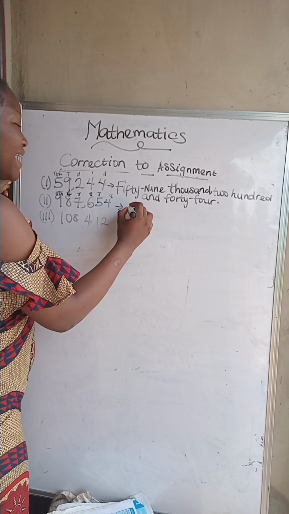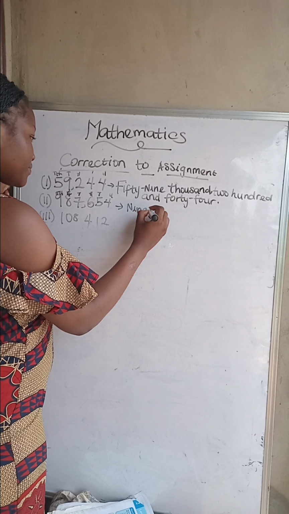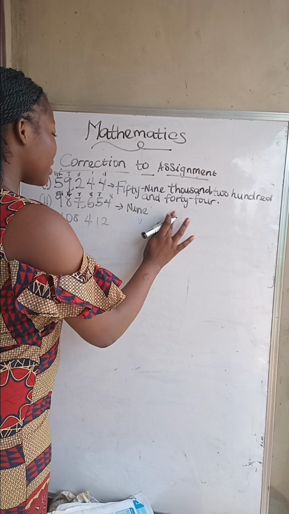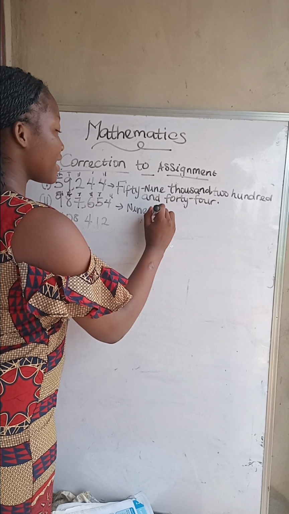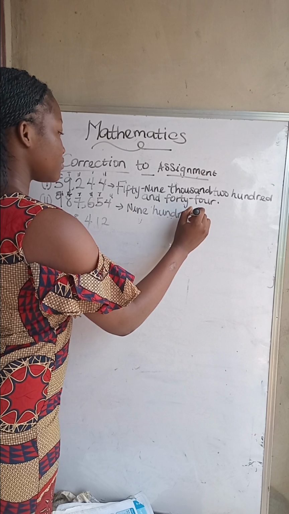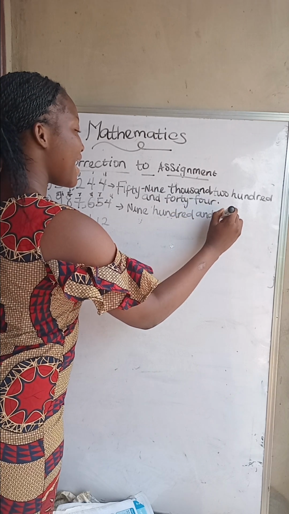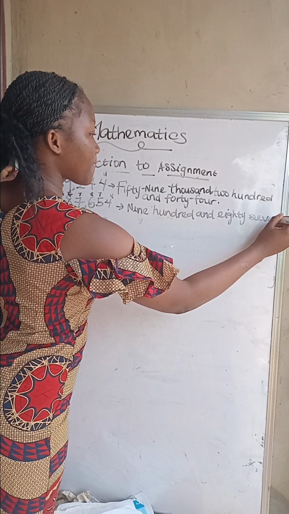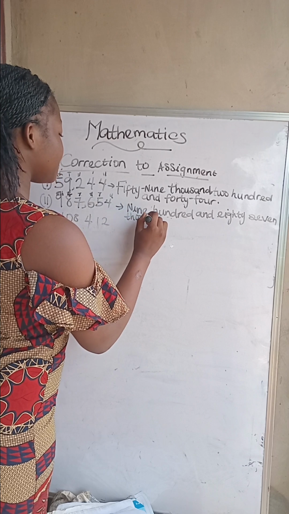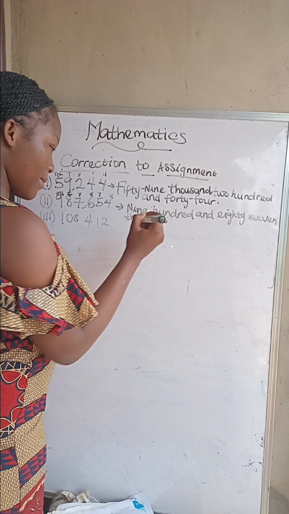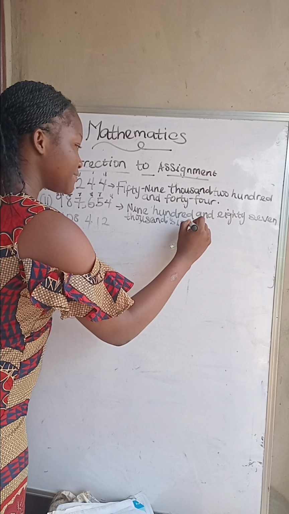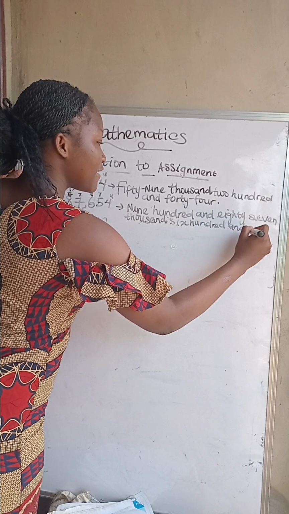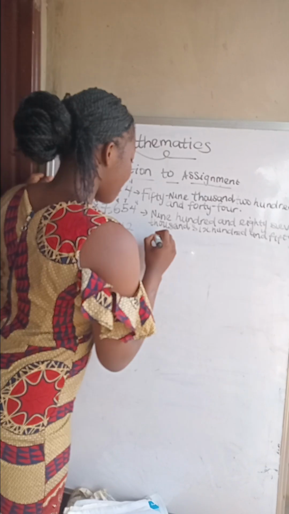So we have 900, sorry, 900,000, 900 and 87,000, comma, 654.